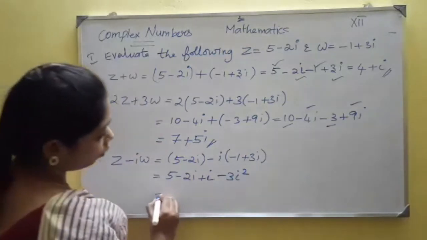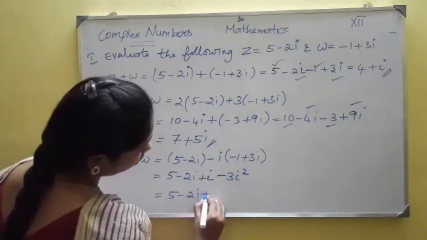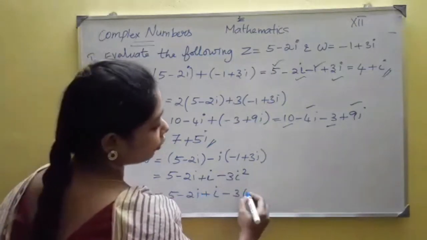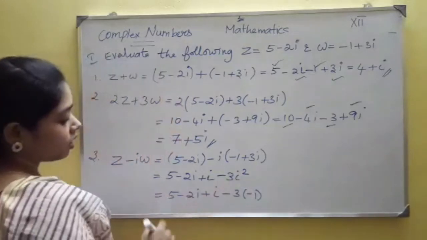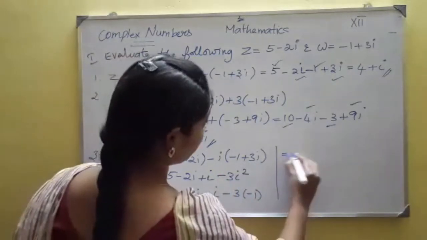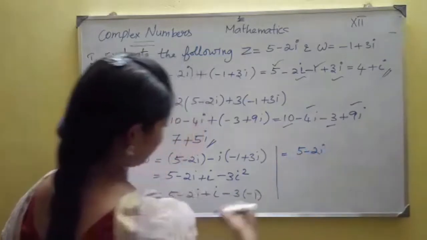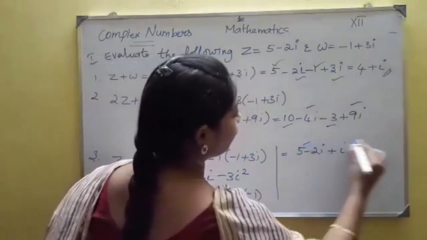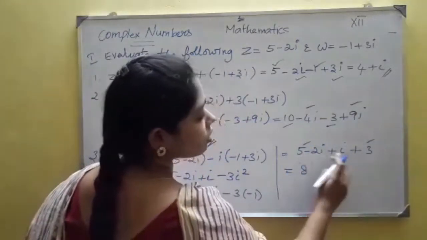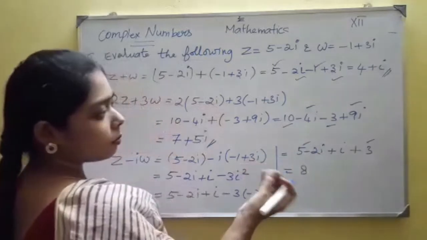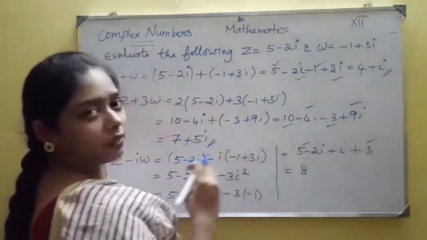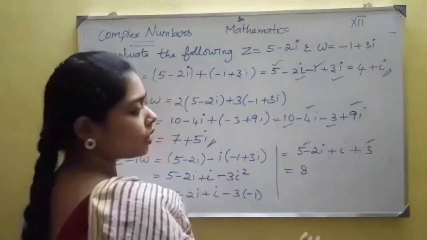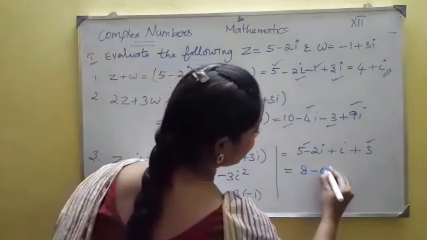We already studied the value of i square, the powers of the imaginary unit i. It is minus 1. So minus into minus gives plus 3. Now 5 plus 3 is 8. Minus 2 plus 1: you simply do this addition while having a numerical value with i. Suppose it is minus 2x plus x, you usually write minus x. Same way, this is minus i.